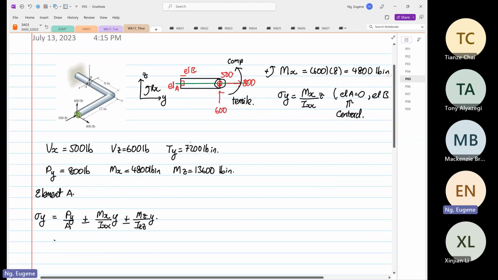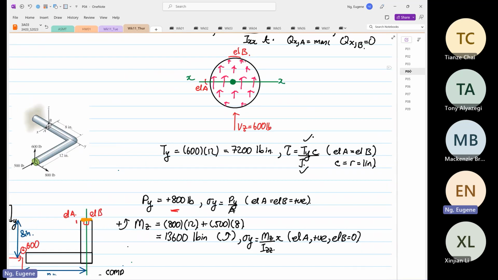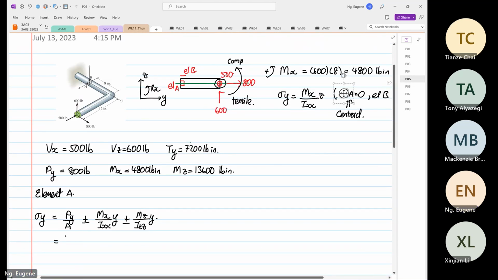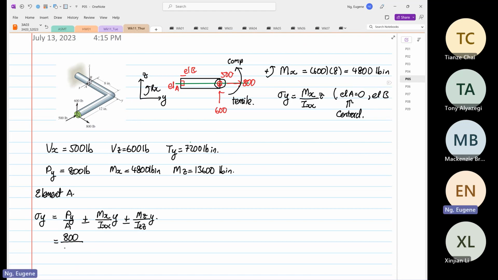So Py, we know, will induce a tensile. So what we have for Py is 800, divided by pi r squared. So basically it's divided by pi because the radius is 1 squared.